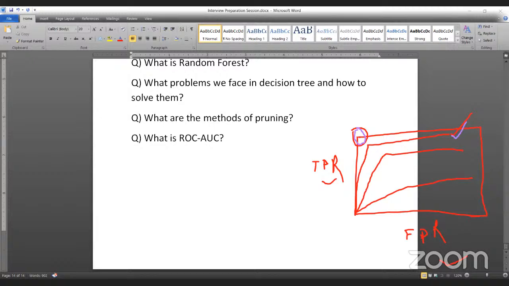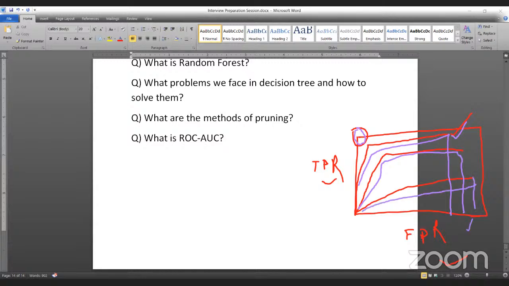And also this AUC is known as area under curve. So suppose for this graph, it is this total area. Okay, so this total area is the area under curve for this first graph. Now this total area is for the second graph, and this total area is for the third graph.